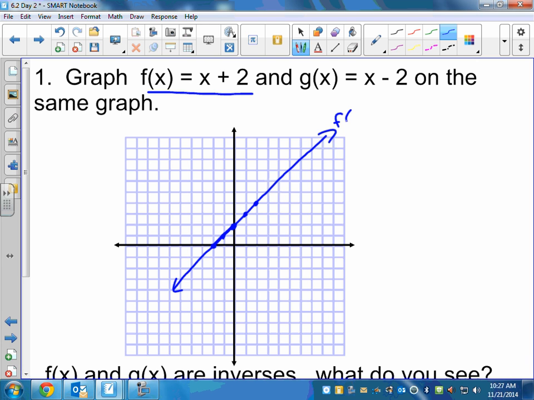Right? That's f of x. And if I graph g of x, I have a y-intercept of negative 2 and a slope of 1.